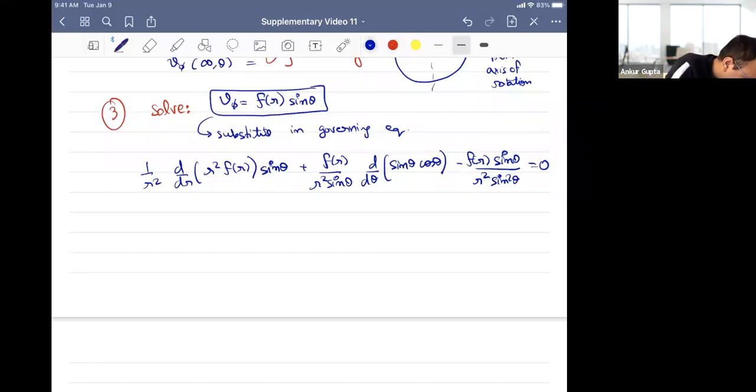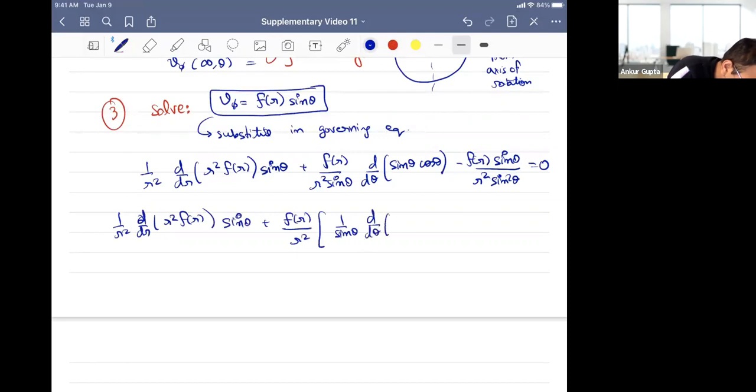So basically, we get 1 by r square, d by dr of r square f of r sine theta, plus you can see there is a common f of r by r square, and 1 by sine theta, d by d theta of sine theta cos theta, minus 1 by sine theta. This is equal to 0.